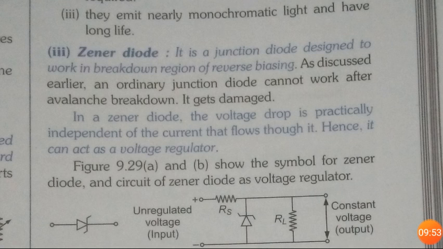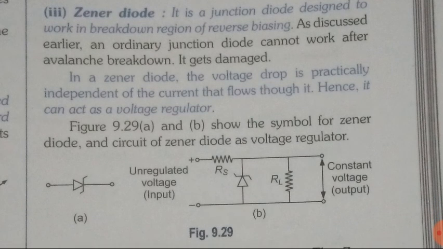The next special purpose diode is the Zener diode. A Zener diode is a junction diode which is designed in such a manner that it works in reverse biasing, in the breakdown region. As I have told you, in reverse biasing the current first increases very slowly.